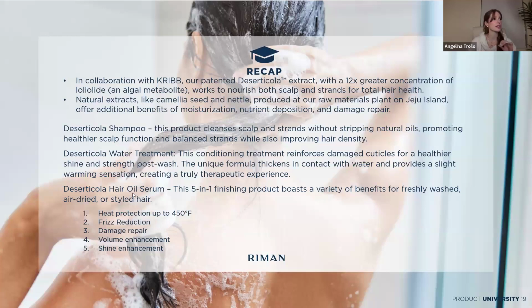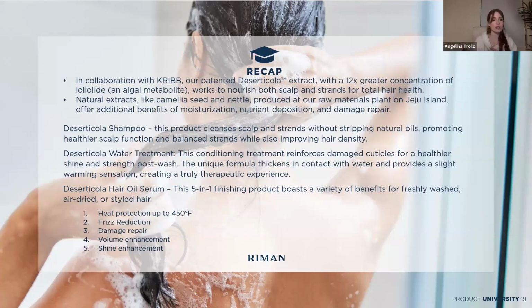And so when we look at each product in more detail, that shampoo is really there to balance the scalp, to cleanse as necessary, but to also deposit some of that Deserticola and the nettle extract. That water treatment then goes in not only to complement the efficacy of the shampoo on the scalp level, but to beautify the hair strands as well, to apply those conditioning polymers to really realign the various strands.